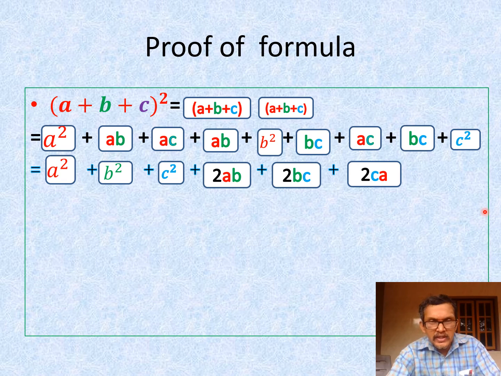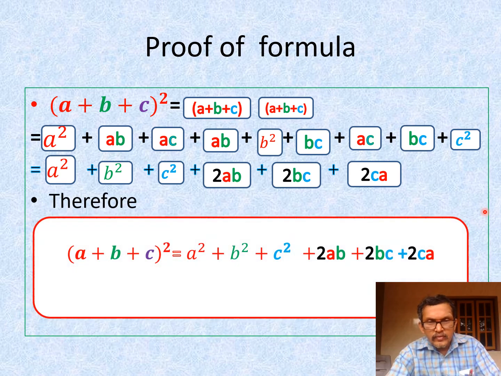Therefore the expansion of a plus b plus c whole squared is a squared plus b squared plus c squared plus 2ab plus 2bc plus 2ca.